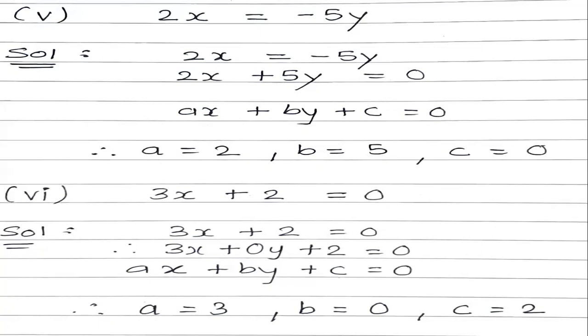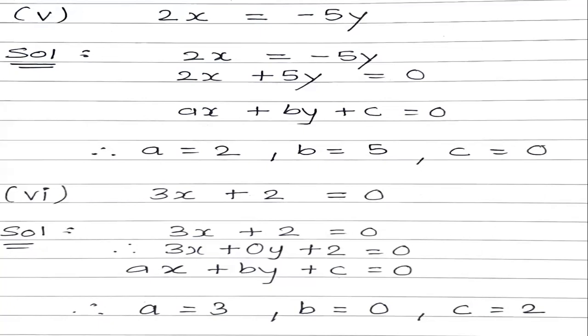Yes. If you've understood it, then let's get to question number 6, which says 3x plus 2 is equal to 0. Now, everything is already on the LHS, but then you can find that there is no variable of y mentioned over here. Yes, and if you see the standard form, ax plus by plus c is equal to 0, there is a variable of x, there is a variable of y, and there is a constant.